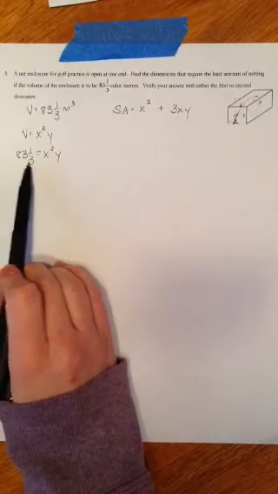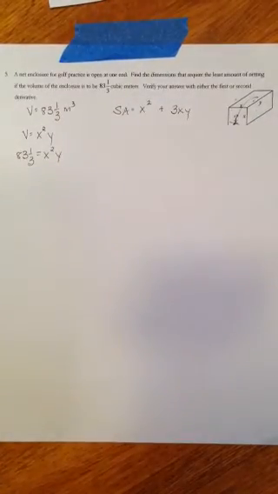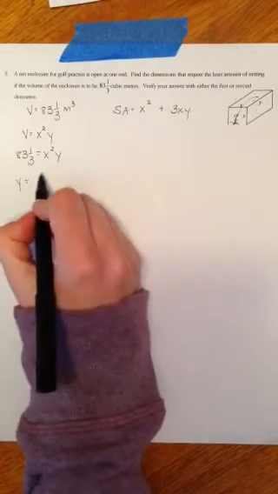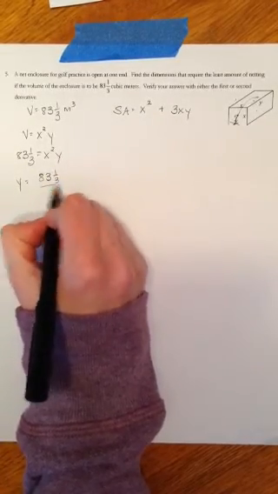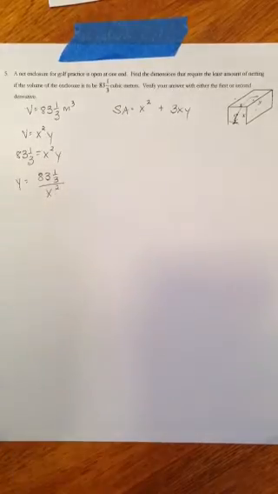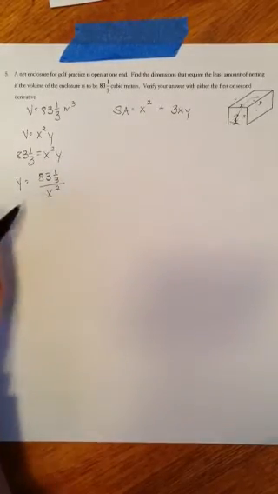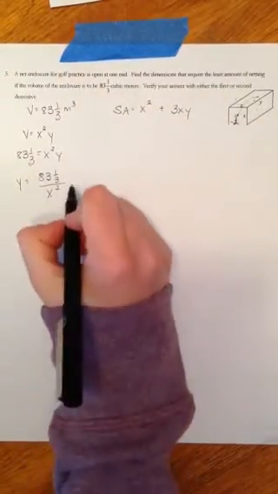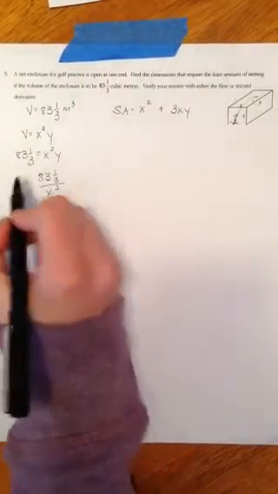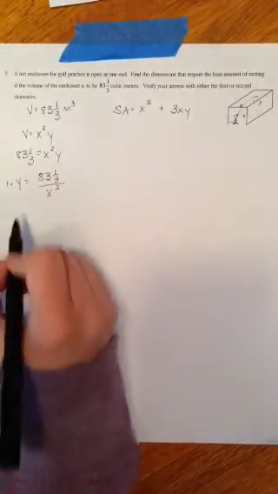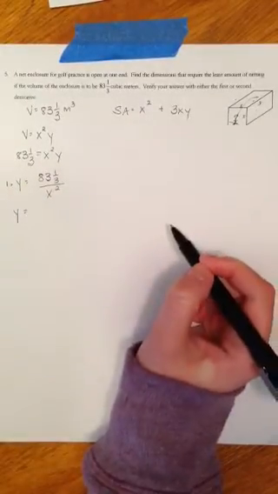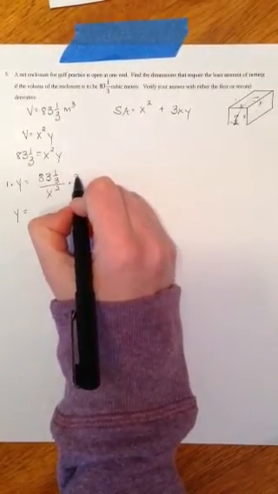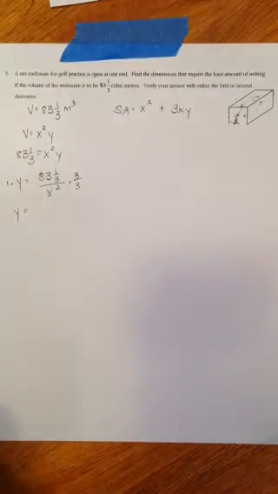Now think, what variable do I want to solve for? I want you to solve for y. That's 83 1/3 divided by x squared. Now, again, I've got a fraction within a fraction. Nobody likes that. If I want to get rid of that, just multiply both sides by 1. If I multiply the left side by 1, I still have y. When I multiply the right side by 1, I'm going to multiply by 3/3, which is 1.